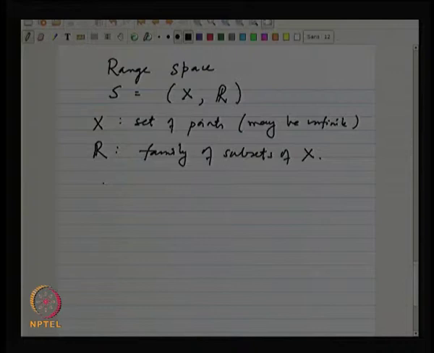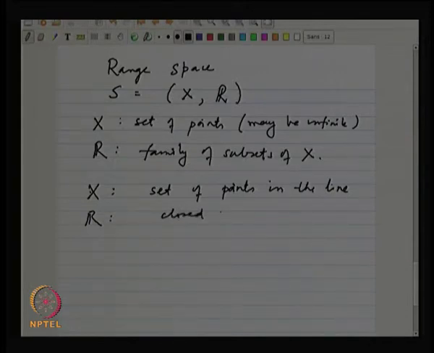One way to specialize that is to talk about restriction. Just to give an example of what I mean: my X could be a set of points on the line, and R could be closed intervals.